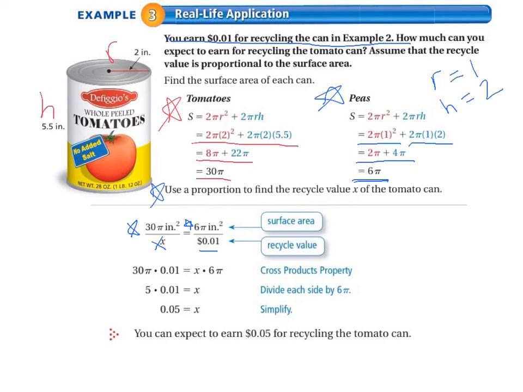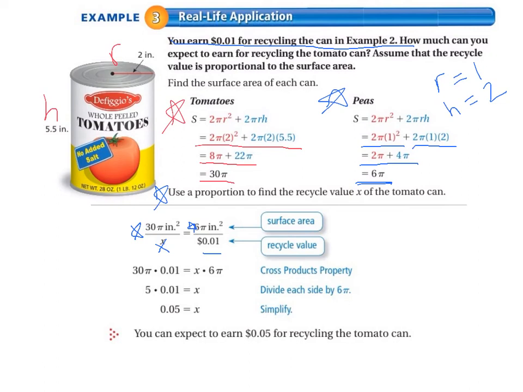Now we cross multiply. We have 30 pi times 1 cent, which is what you see right here, equals x times 6 pi, which is what you see here. We want to get x by itself, so we divide each side by 6 pi.